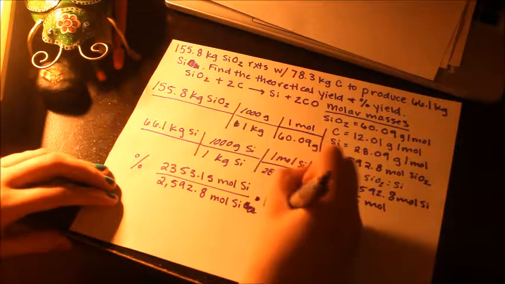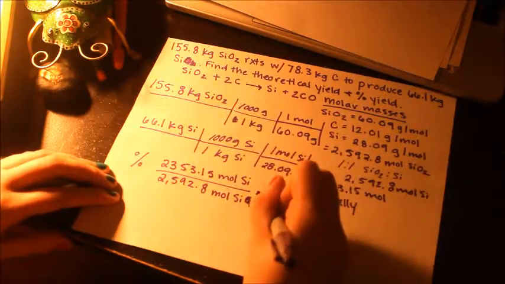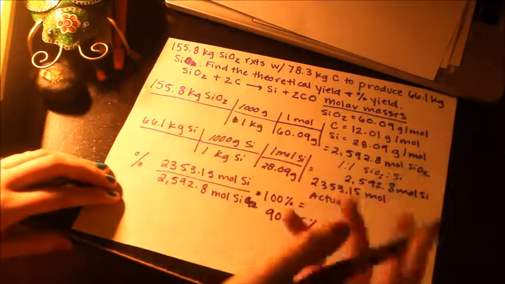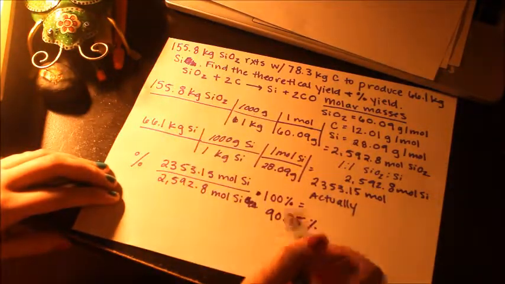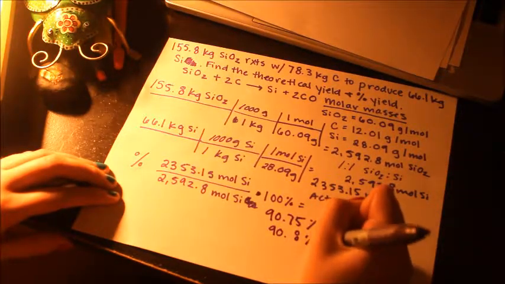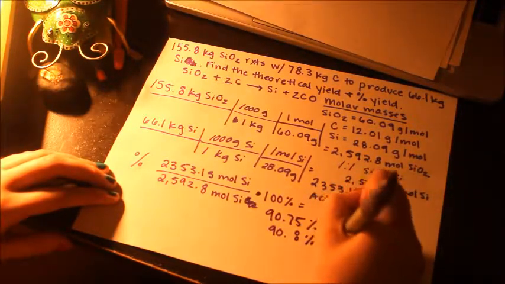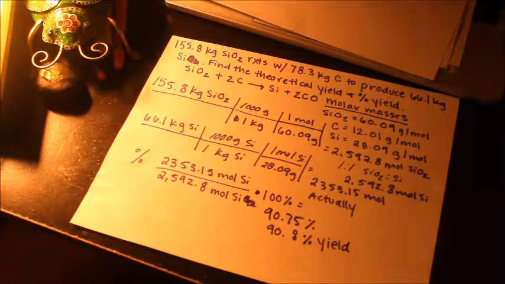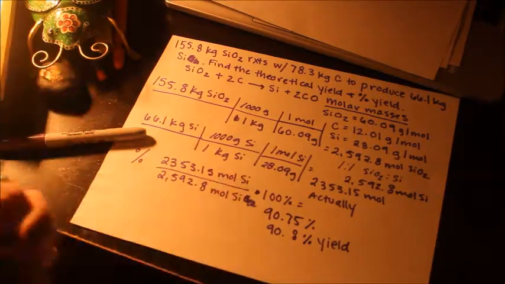Multiply that by 100%. You should get an efficiency of about 90.75%. Depending on your teacher, they might want you to round that to 90.8% yield, which is pretty darn efficient. So your experiment went pretty well. Hopefully this all makes sense.